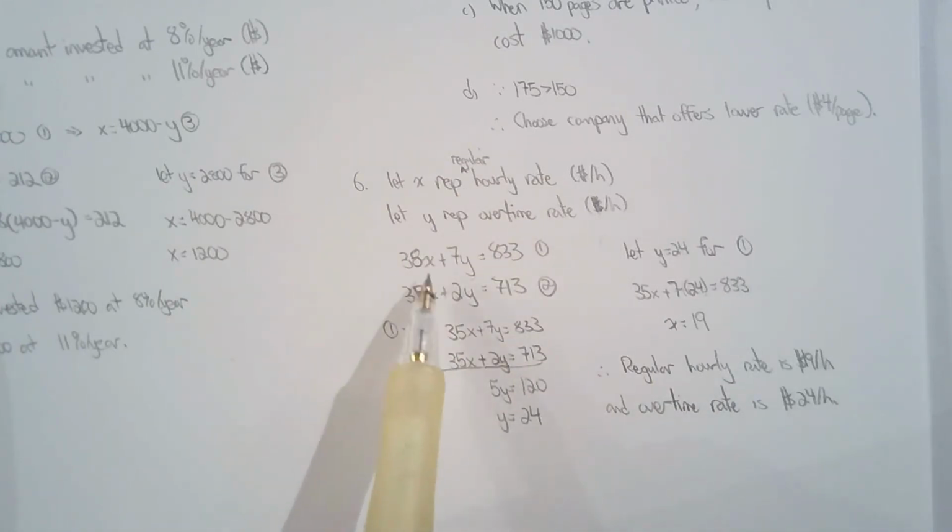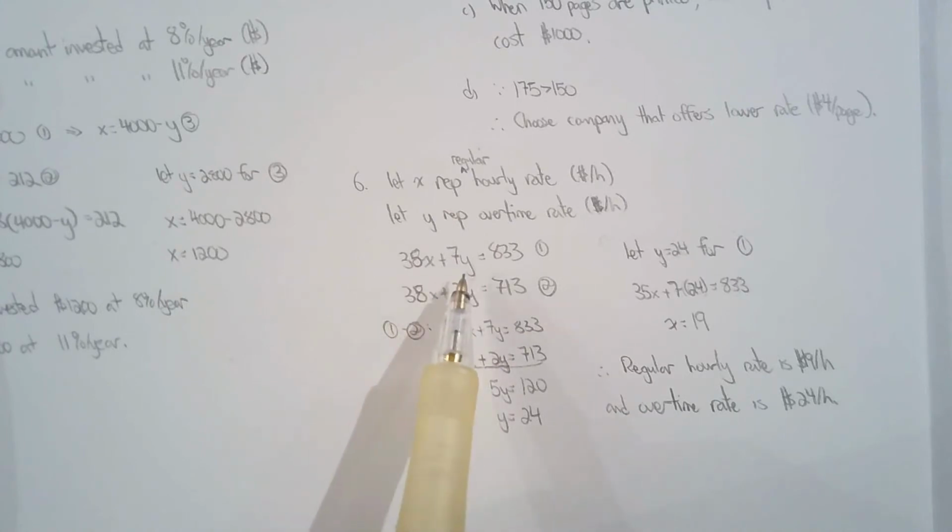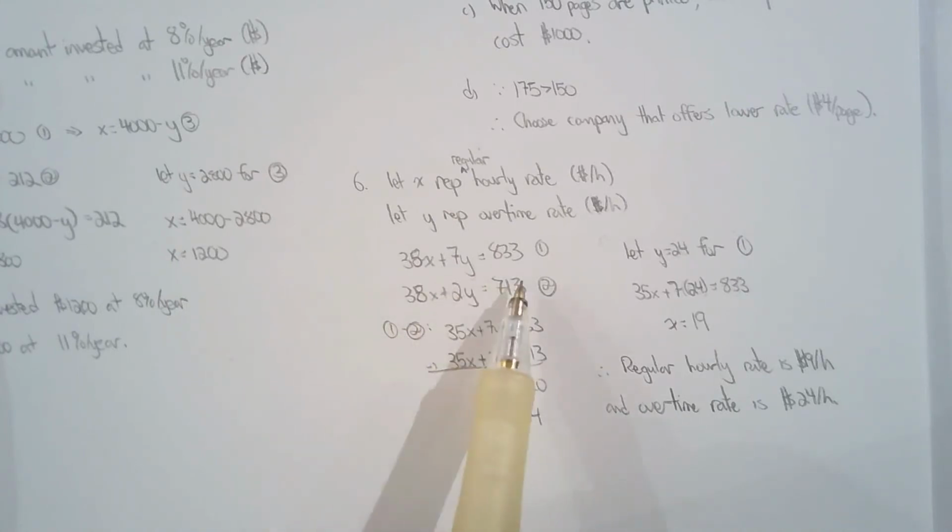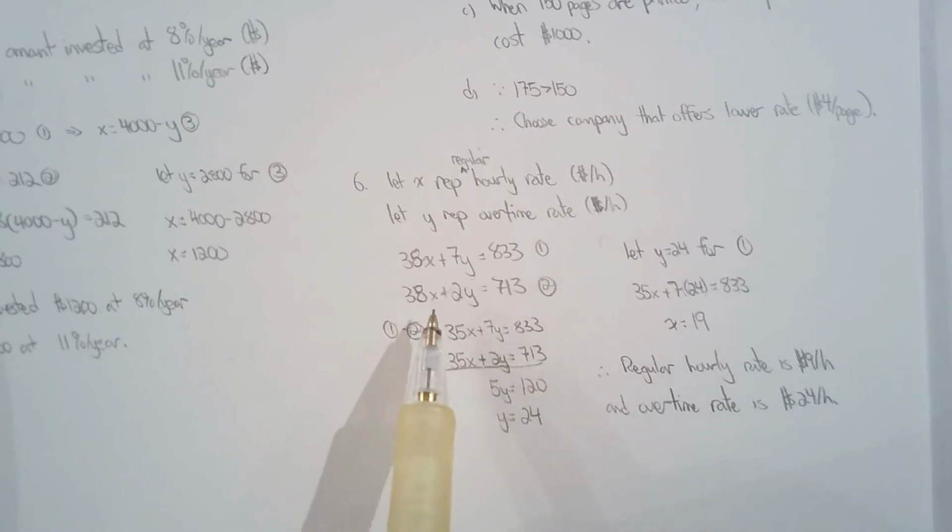So 38 hours of the regular hourly rate plus 7 hours of the overtime rate is $833, and then 38 hours of regular hourly rate and 2 hours of overtime rate is equal to $713. So you can solve for the rates. A good let statement really makes this easy.